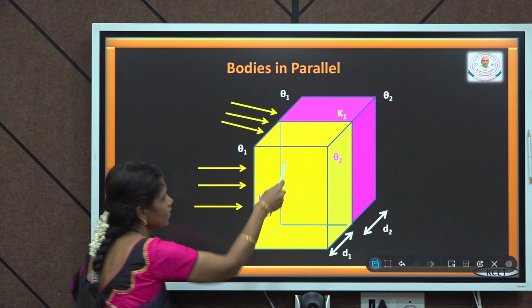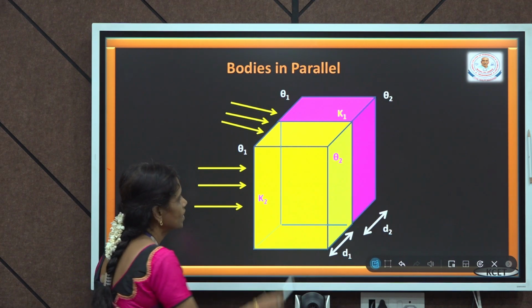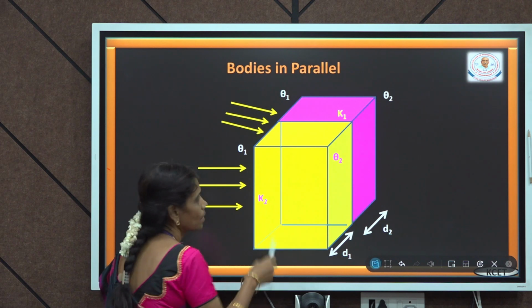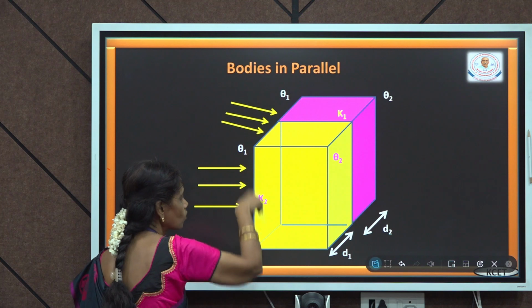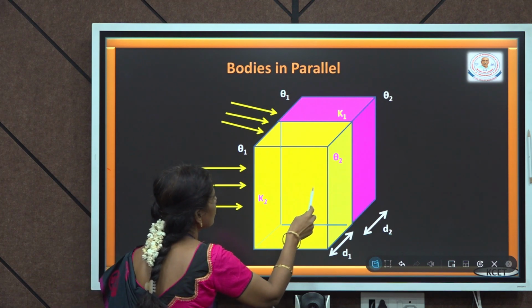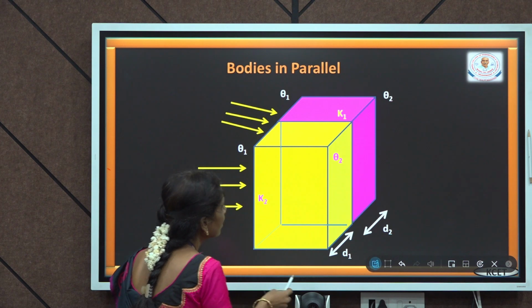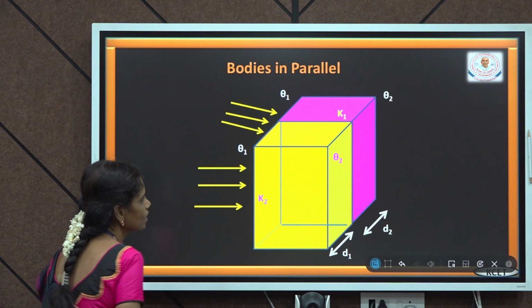In this system, the two materials are stacked in parallel way. So, parallelly we are applying heat along the two surfaces. The materials P and Q are aligned in a parallel way. Heat is applied at one end.